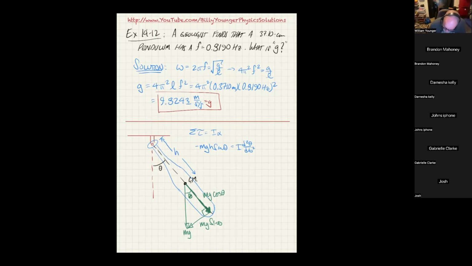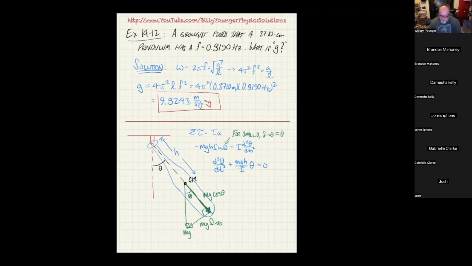I can write this, in an attempt to make it into a simple harmonic oscillator, all on one side and get the leading coefficient to be 1, in which case this side's going to be m times g times h over I, and I can use the small angle approximation, which is theta. So for small theta, sine theta is approximately equal to theta.